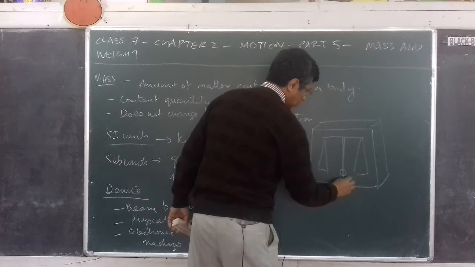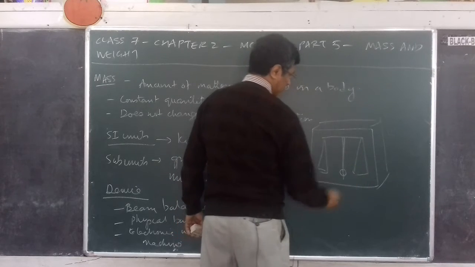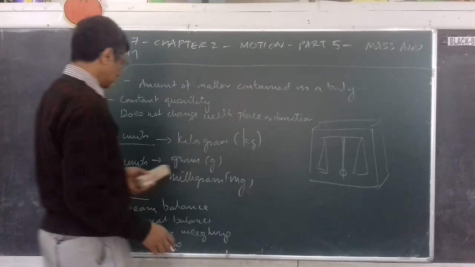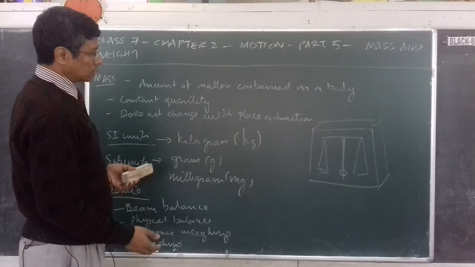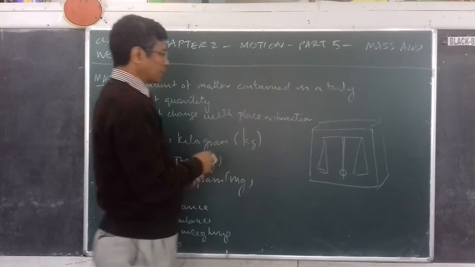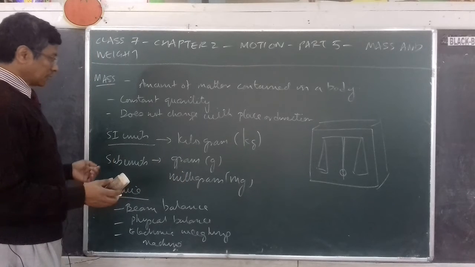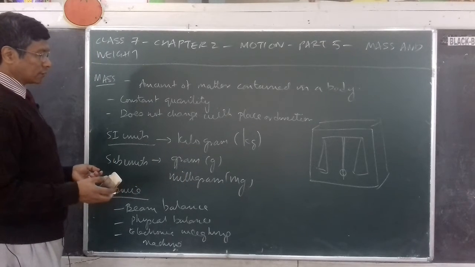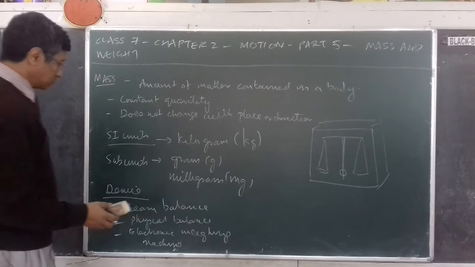It's got a knob which you can turn to raise the pans up, and this is a far more accurate device for measuring mass. And it is kept in a glass box so that the movement of air does not disturb the balance inside, causing it to give error in the reading. So that is a physical balance.